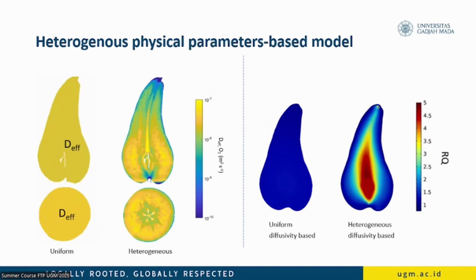So if the RQ reaches or is above 1, the product should be damaged. Let's say here, it's more than 1. At the simulations using heterogeneous diffusivity.